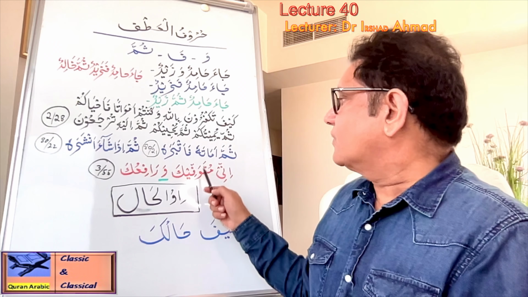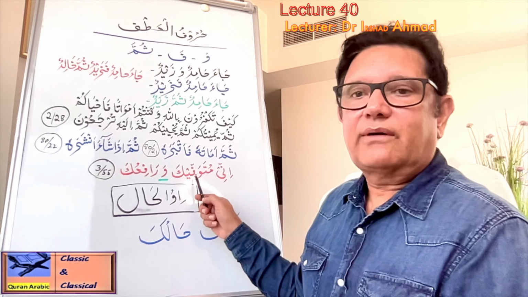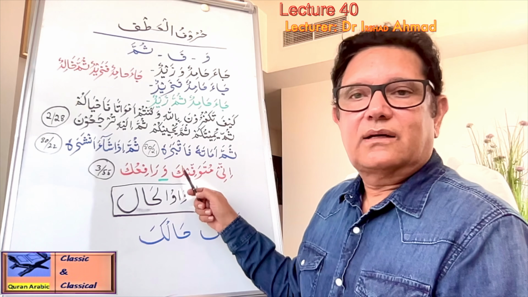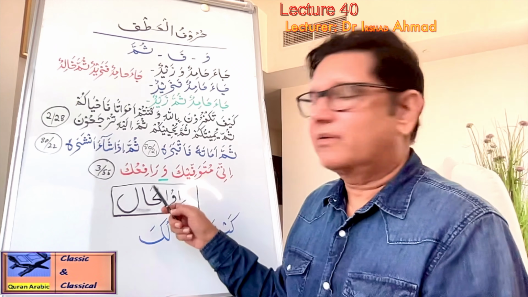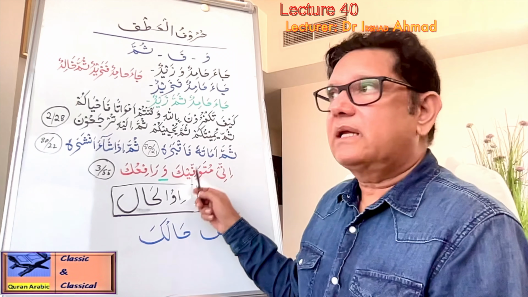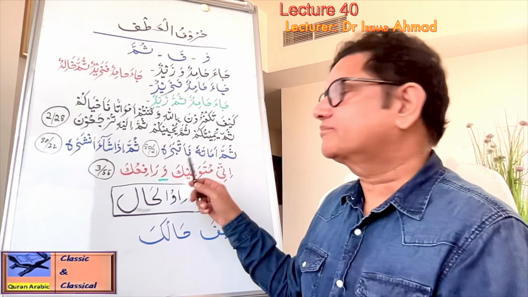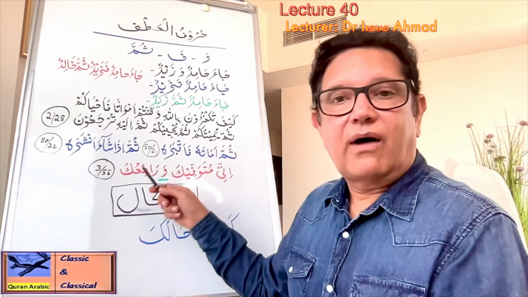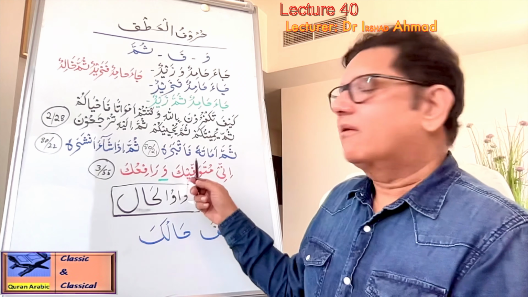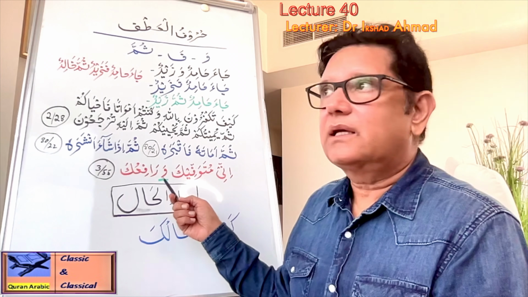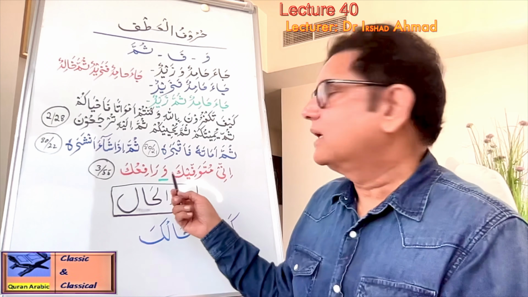First is mutawaffi. Tawaffa, yatawaffa, mutawaffin, mutawaffan, ismul fa'il and ismul maf'ul. There's a difference between the meaning of the basic part of a verb, which is waffa, yuwaffa, wafa'un. Waffa means to compensate fully, to give fully.